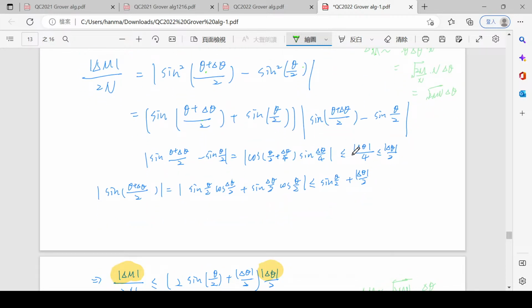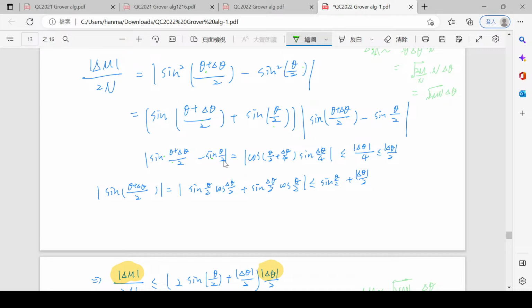Also, because we know this part should be all positive, we skip the absolute value here. And then we need to deal with those two terms separately. Then for the second term, we use the sum-to-product formula.